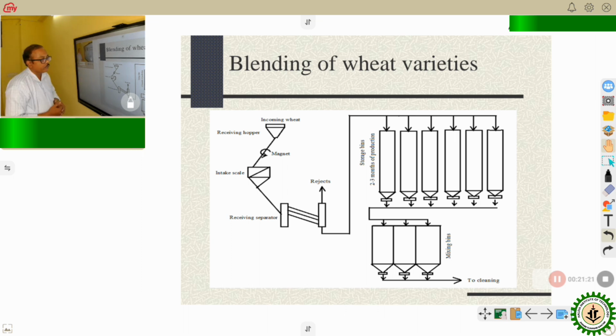Suppose one has 9% protein content, another 10, another 12, etc. Those are not initially mixed. But when there is a requirement for producing a particular type of flour with a defined protein content, only then is this blending done, and then it goes to the cleaning section of the mill.